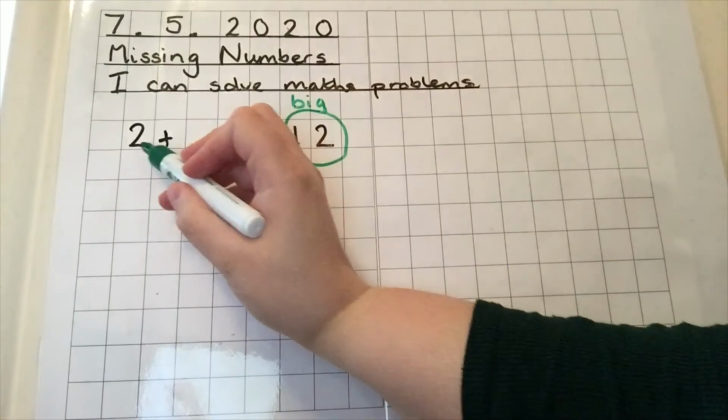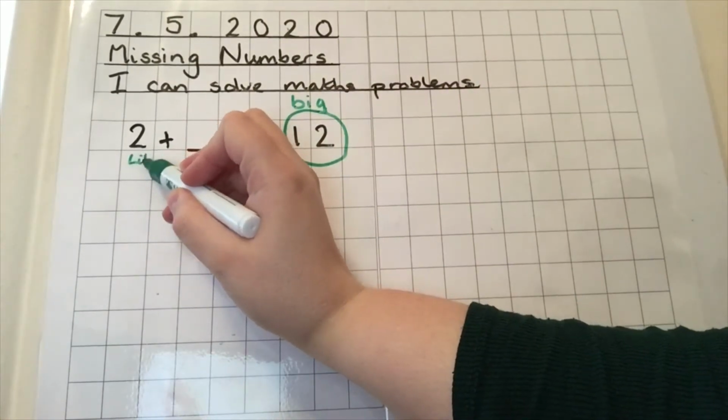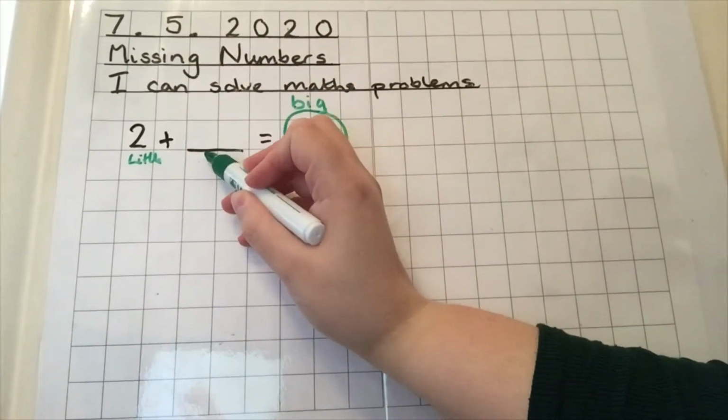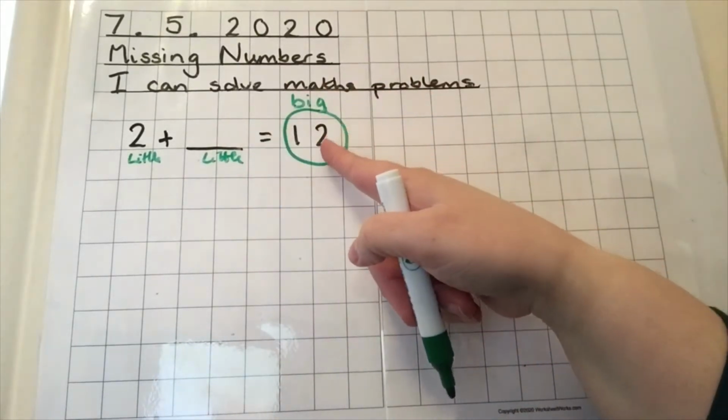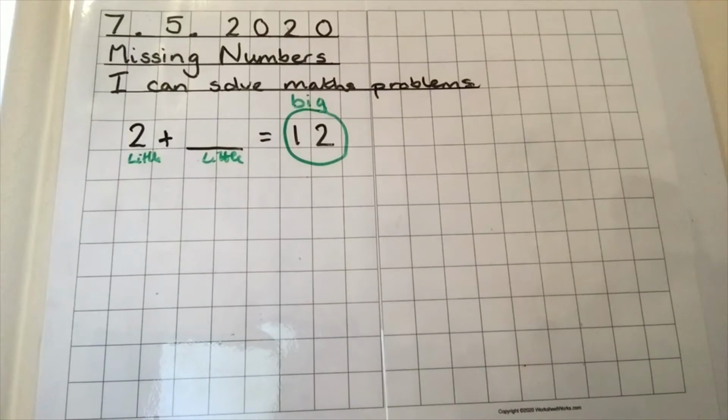And I will have a little number here, and I'll have another little number here. So this number is smaller than that one. So that gives me my three numbers.